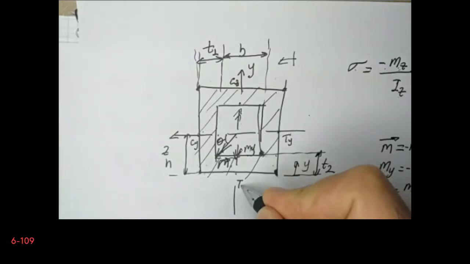Here both the y and z coordinates are positive, and as a result I can say that y max is equal to h, and z max, so these are the coordinates of the point where I will see the maximum stress, is equal to b plus T1.